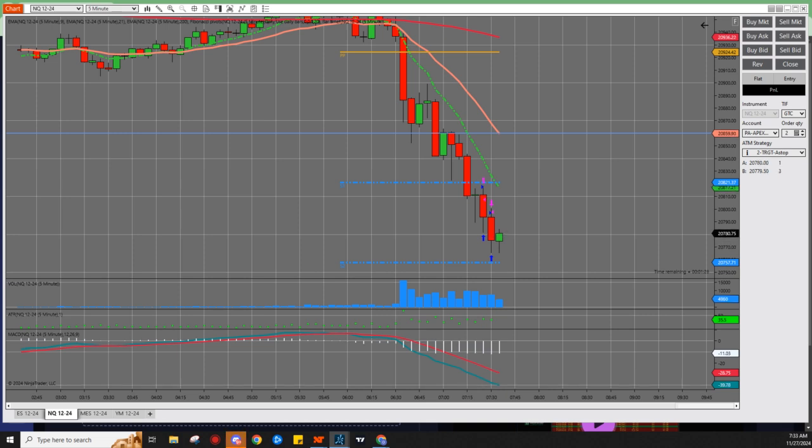Broadcom's still looking good. Nasdaq starting to hold that daily 20 a little bit.